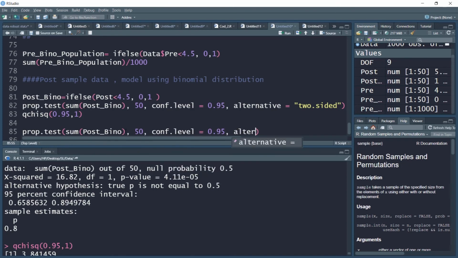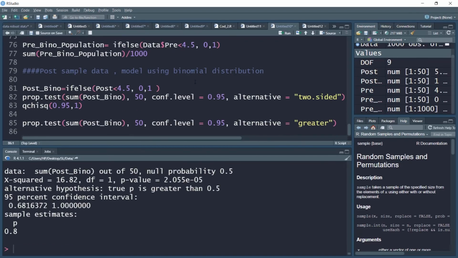Let's give the alternate hypothesis as greater, since we already have the intuition that the probability of finding the individual as 1 may be higher. So we'll examine that hypothesis. And it is indeed the case, it seems: the chi-square value is 16.82 and the p-value is much lower.